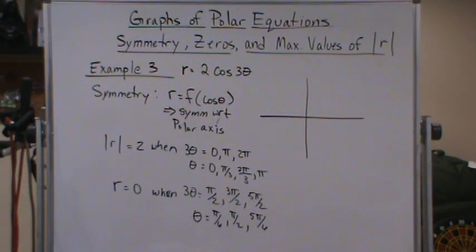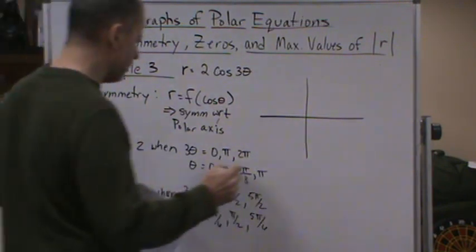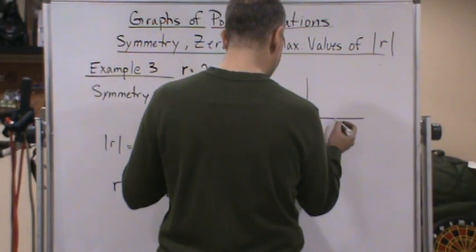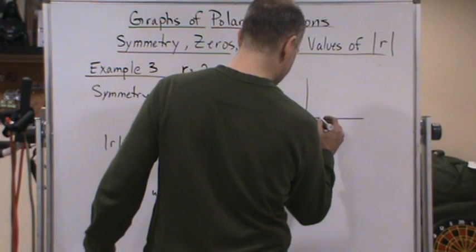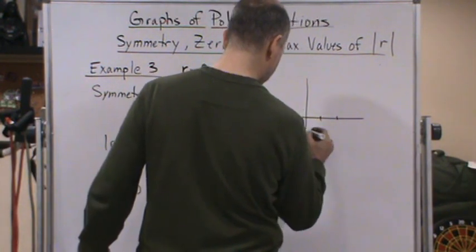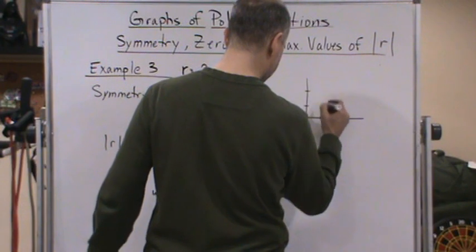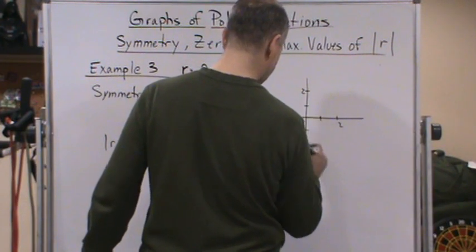And so when we plot this, and again, plot some points, in this case what I would do is go from 0 to pi over 2.